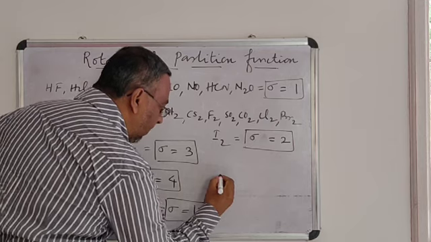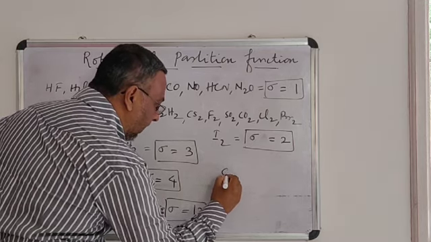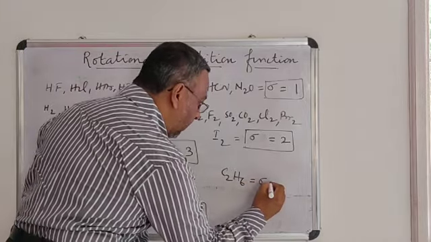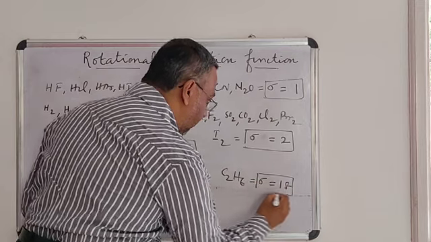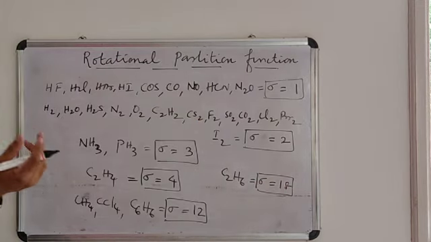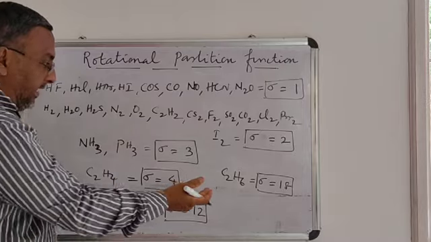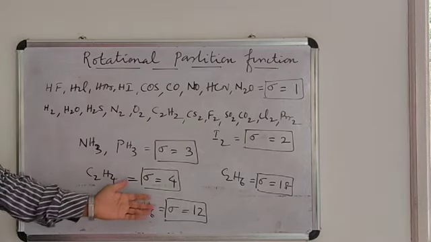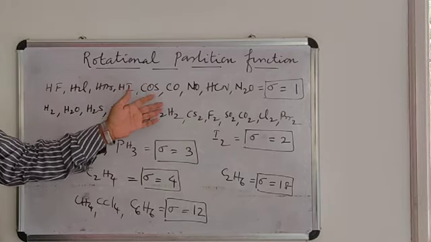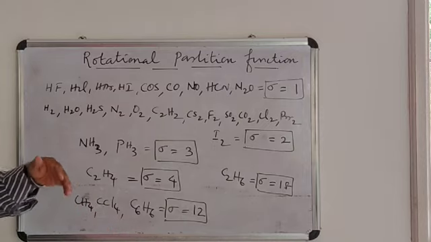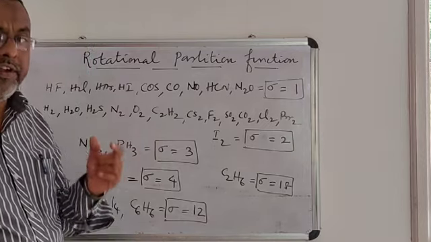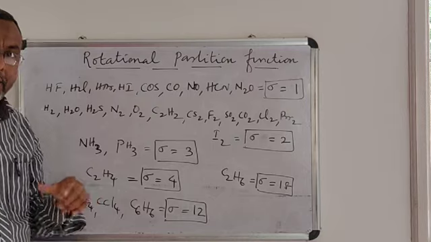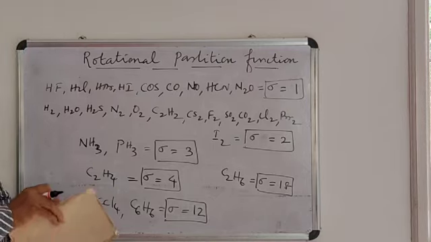And for C2H6, for ethane, its sigma value is maximum, equal to 18, because it gives 18 times indistinguishable orientations for every 360-degree rotation. So these are all the symmetry numbers for different molecules. So before solving the problem, first we must know the point group and its symmetry number. Okay, then only we can calculate the rotational partition function.